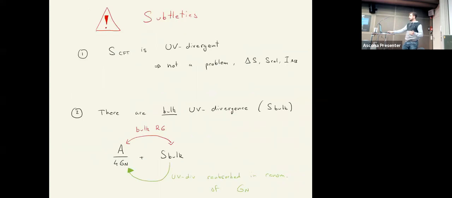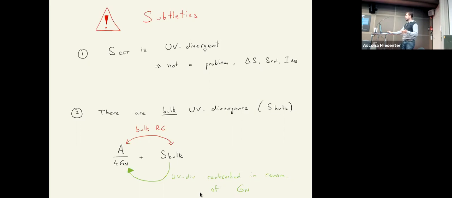Okay. But before I tell you about this dictionary, there are some subtleties to keep in mind that people often bring up. The first one is that the entanglement entropy in a CFT, just like in any continuous quantum field theory, is UV divergent. This comes from the fact that there are modes that are highly entangled, very close to the entangling surface. So if you try to compute the entanglement entropy in the continuum limit, you get infinity. This is not a serious problem. We've known this for a very long time.